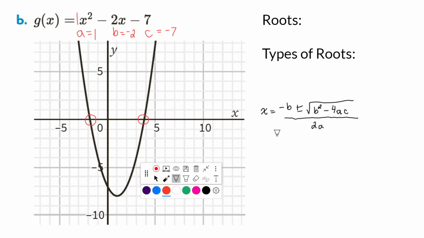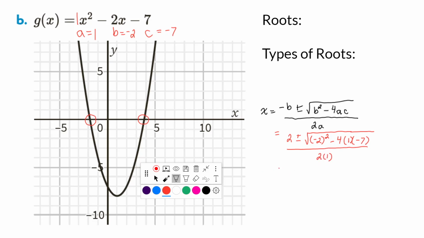So now let's place these into our quadratic formula. The opposite of -2 is 2, plus or minus the square root of (-2) squared, and I put this in parentheses so that when I enter this in the calculator, it gives me the correct value, minus 4 times 1 times -7, all over 2 times 1.